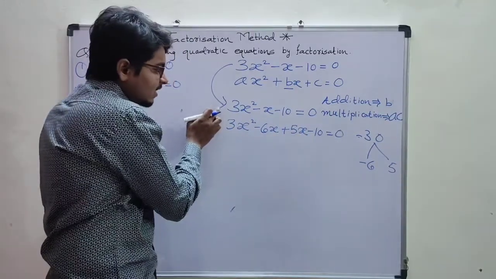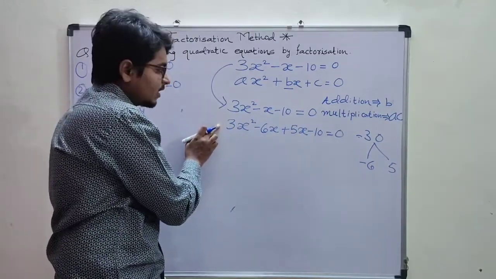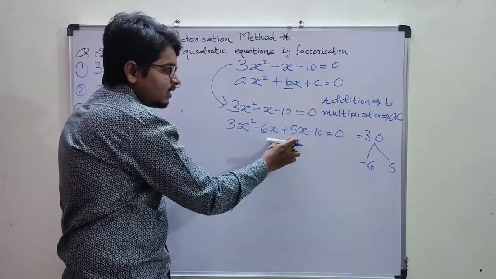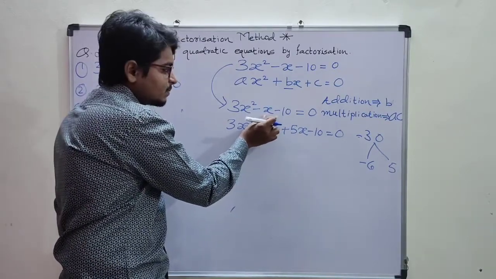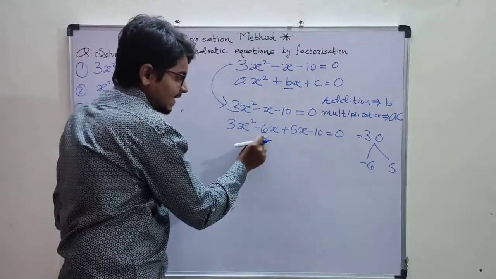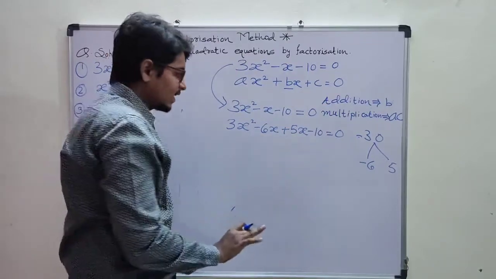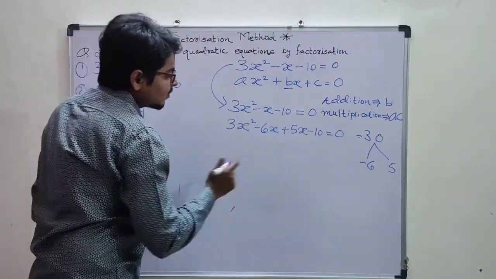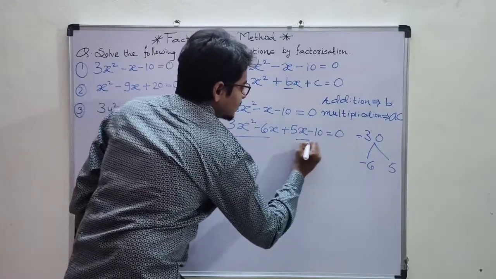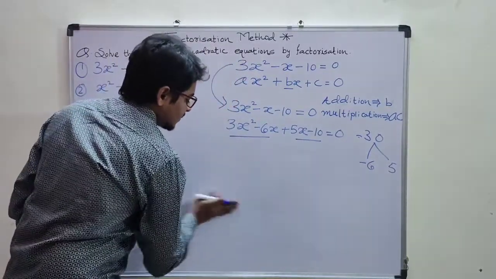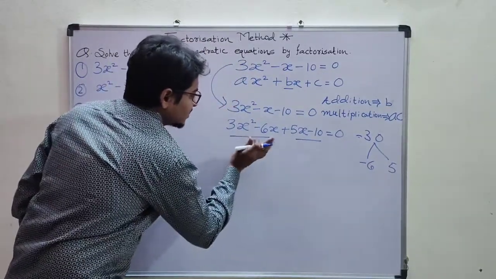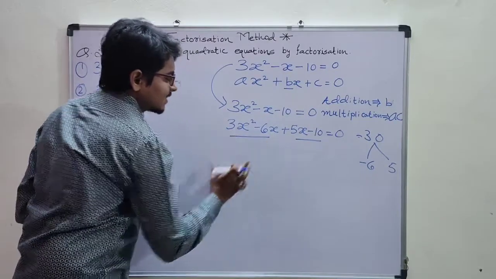The meaning is same, only we have split this middle term into two numbers, -6x plus 5x.